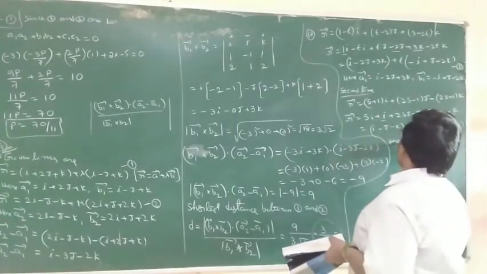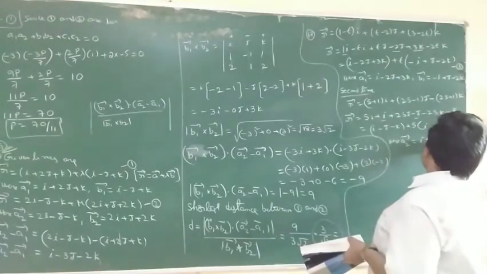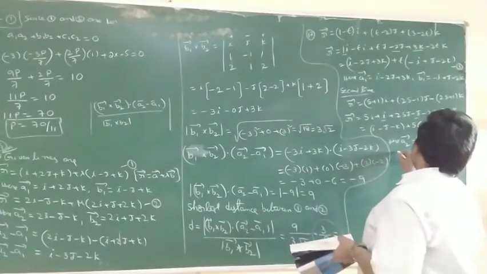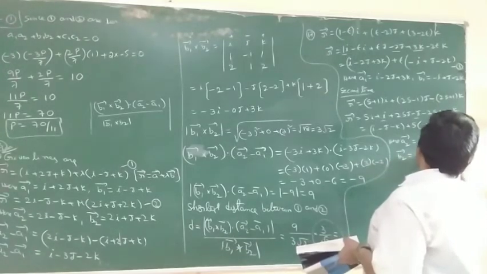So here a2 bar is equal to i − j − k, and b2 bar is equal to i + 2j − 2k.